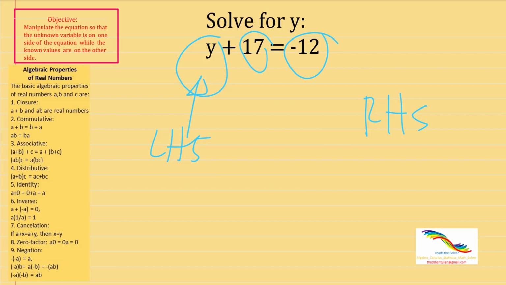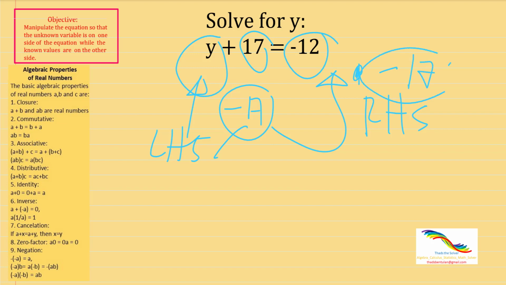So obviously, to remove 17 from the left hand side, you need to add negative 17 to the left hand side of the equation, and whatever you do to the left hand side, you do the same to the right hand side of the equation. So you also need to subtract 17 here. So that's how we're going to proceed.